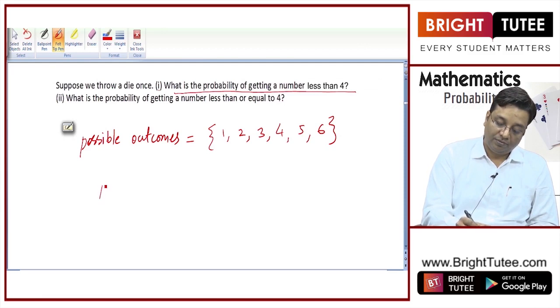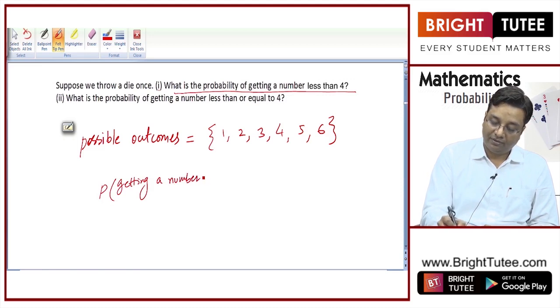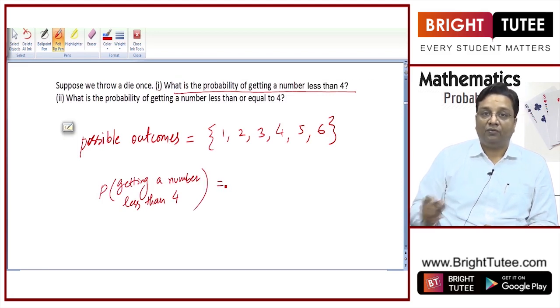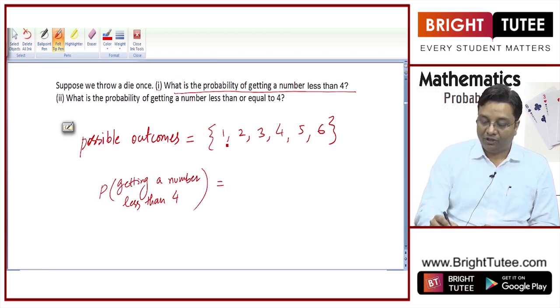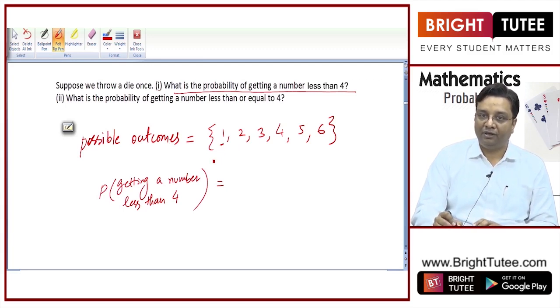So, probability of getting a number less than 4 is equal to, what are the favorable outcomes here? If you get 1, is it favorable? Yes, because it is less than 4. If you get 2, it is again a favorable event.